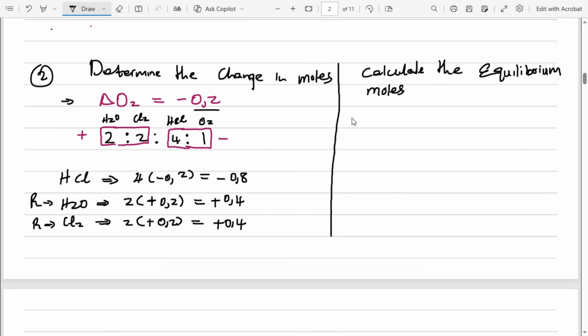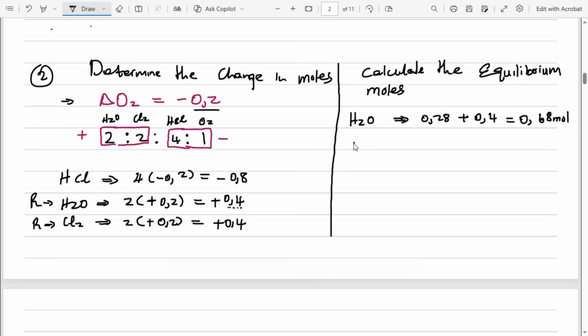First, I'm going to start with H2O, which is my reactant. Initially we started with 0.28. Then you add that 0.4, and the answer that you get, the equilibrium mole, is 0.68 mole.